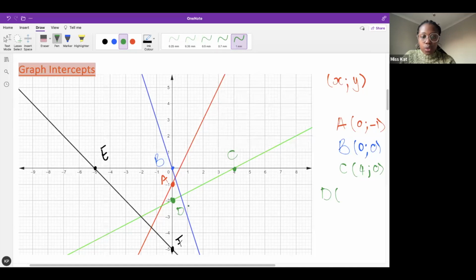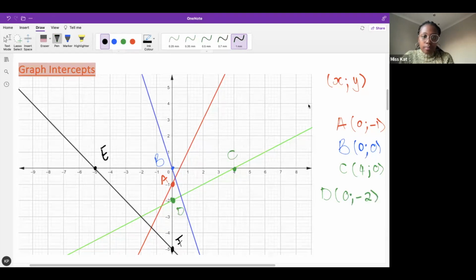Okay, are you sure? Let's check D again. Zach and Kutlwano seem to agree, and Kateko. There we go, guys. Remember, if it's on the y-axis, then the x is 0. So it's 0 and -2.